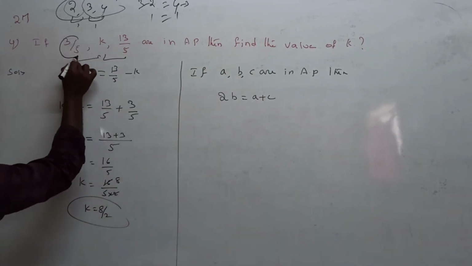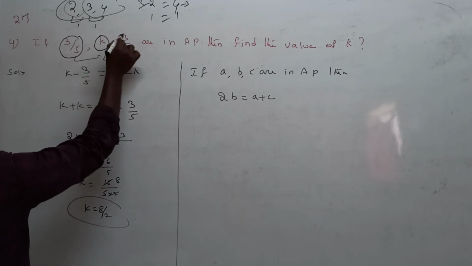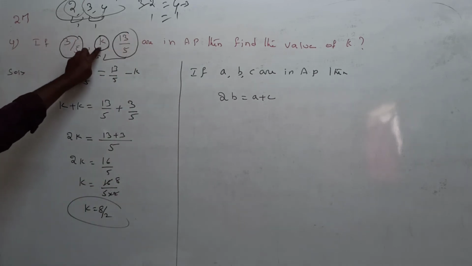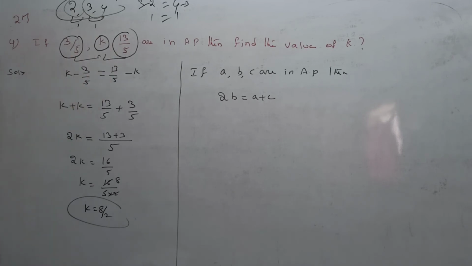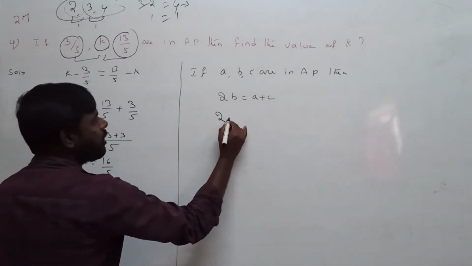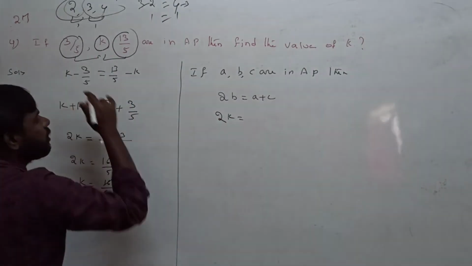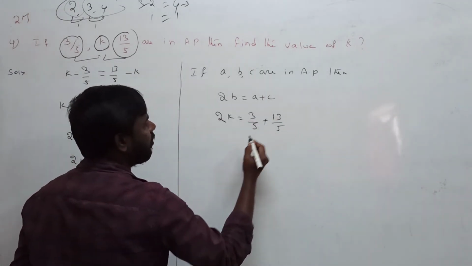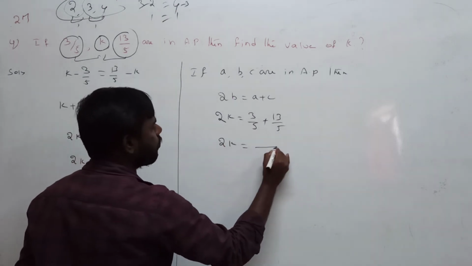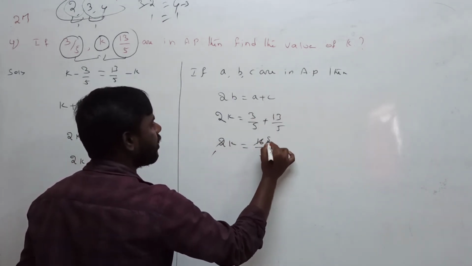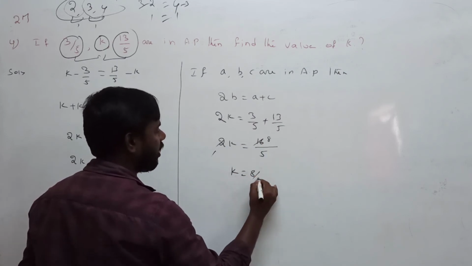This is the a value, this is the b value, this is the c value. Now substitute the values: 2 into the b value, which is k, is equal to the a value 3/5 plus the c value 13/5. 2k is equal to, the LCM is the same, 3 plus 13 is 16 over 5. So k is equal to 8/5.